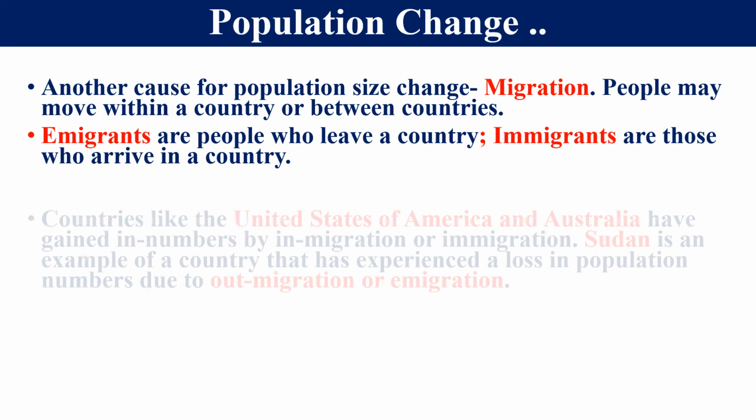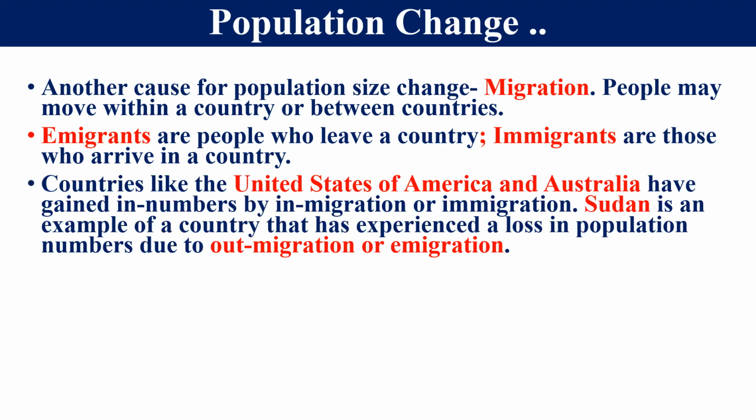Okay. Now, dear student, countries like USA and Australia have gained in numbers due to just immigration. So maybe you have a 1 mark question here: due to immigration, the population has increased in which countries? The USA and Australia. Remember this.